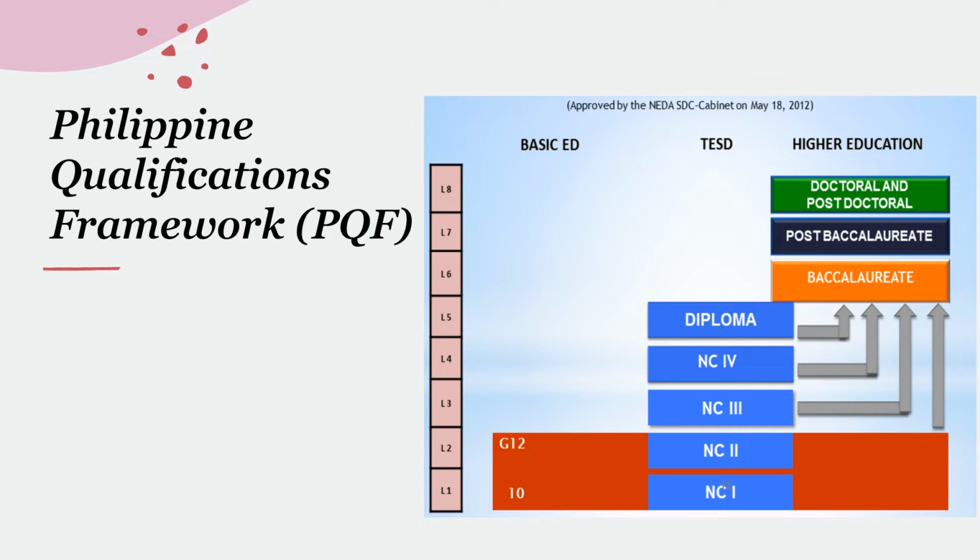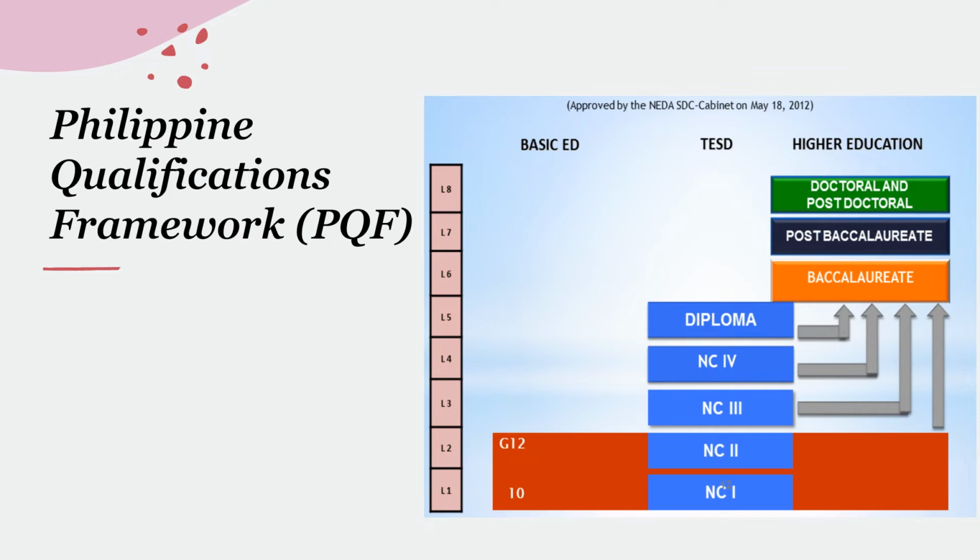And next one is the higher education, which is being governed by the Commission on Higher Education, where we have the baccalaureate. After you graduate or finish your program, for example BTEd, you are considered now as level 6 for the PQF. And afterwards, if you wish to have a post-baccalaureate or what we call masters or masteral programs, after you attain the degree, you are considered as level 7.